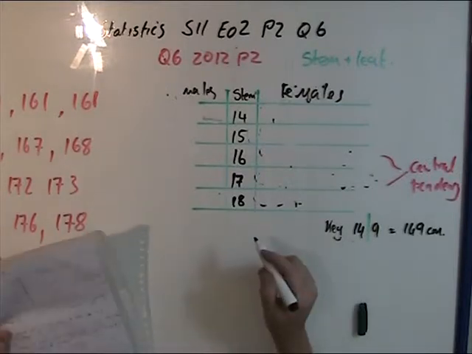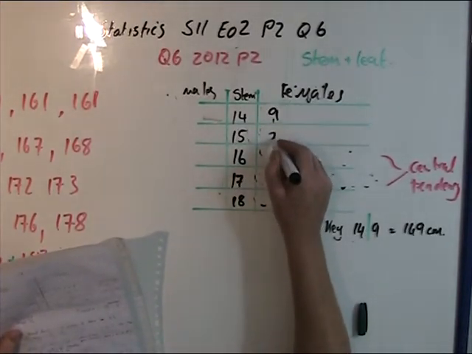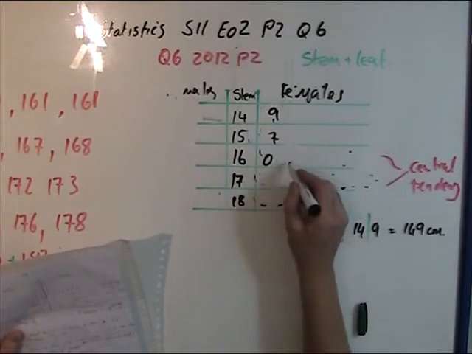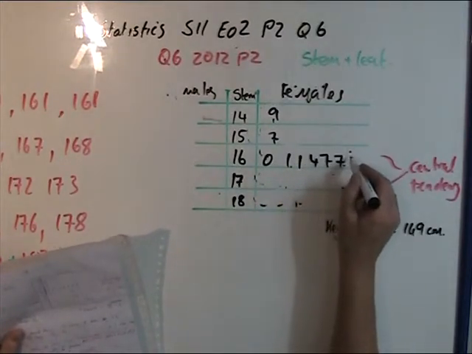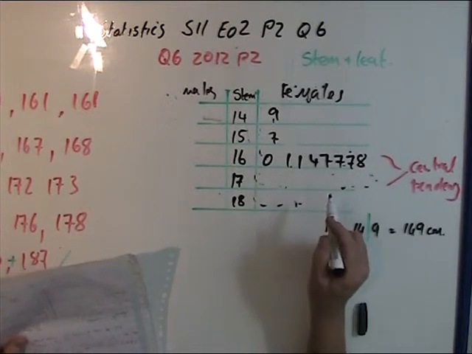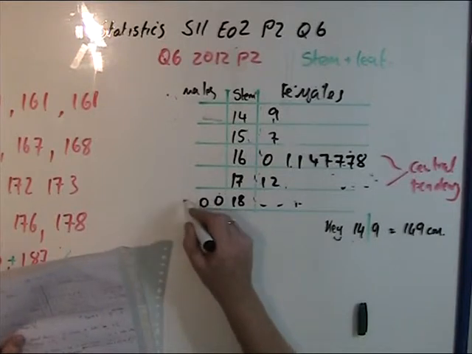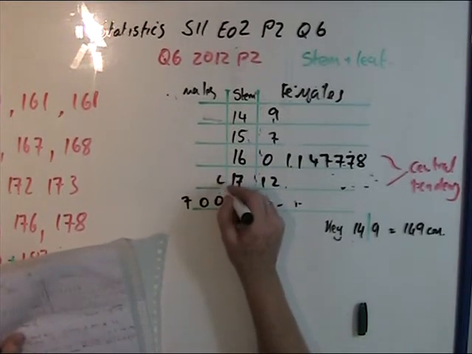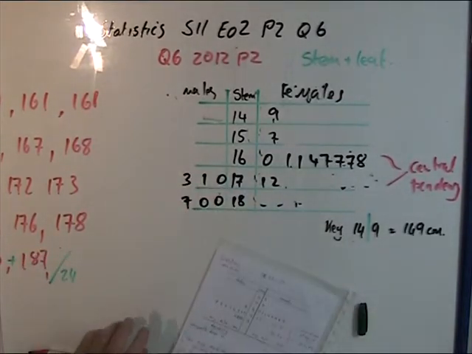So we've got 149 for females, 157, 16: 0, 1, 1, 4, 7, 7, 7, 8; 1, 2, and you got 0, 0, 7, and you got 0, 1, 3. Now this extends out.